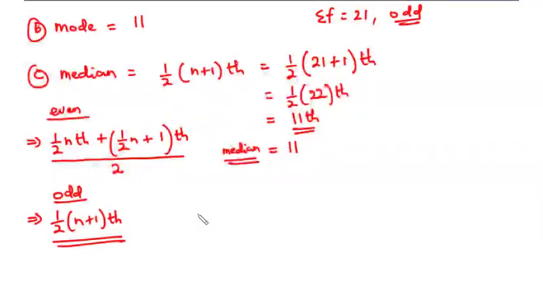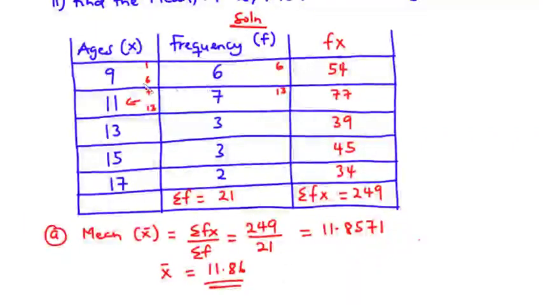Now let's use the traditional method to find the median. So we have 9 occurring 6 times. We have 11 occurring 7 times.